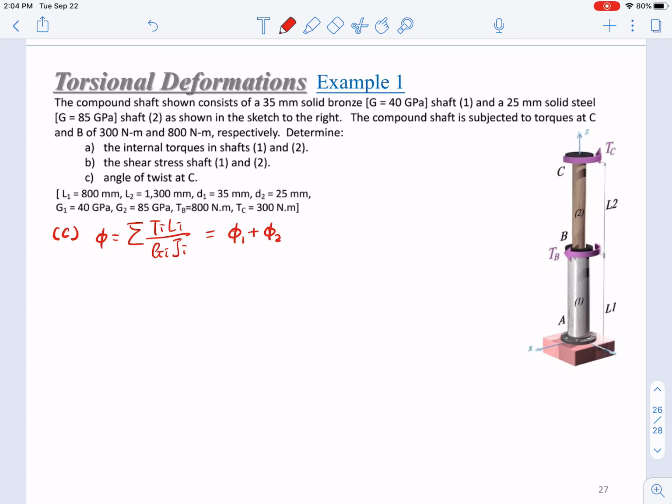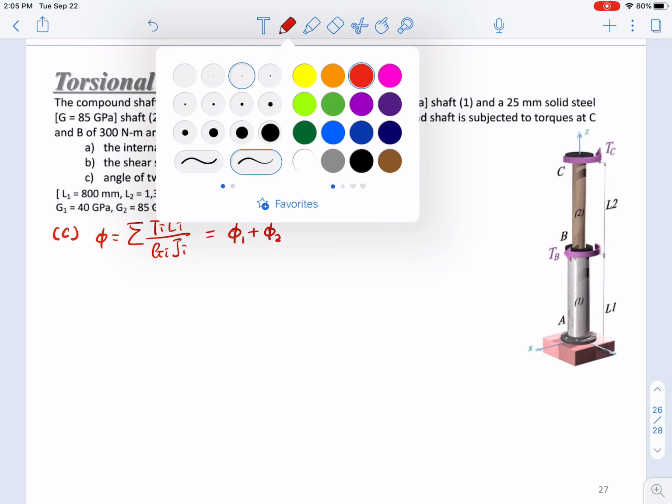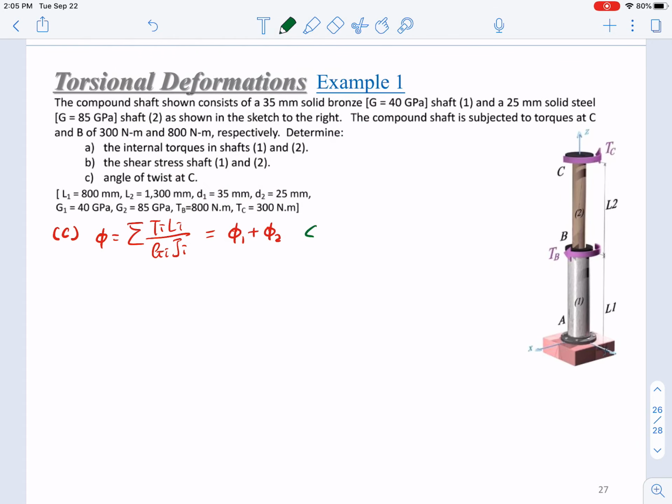Here is a note: sign is important. Positive or negative, you have to take care of the sign of these angles of twist.